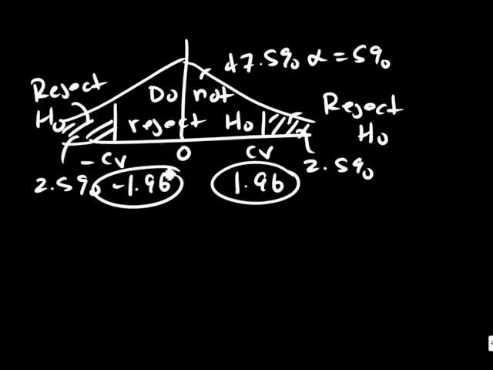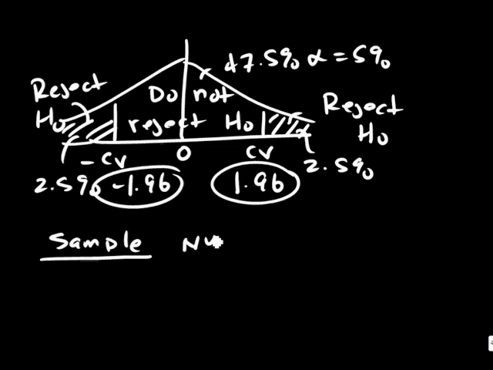Now, sample information. We have two populations, population 1 and population 2. New York is population 1, while California is population 2.